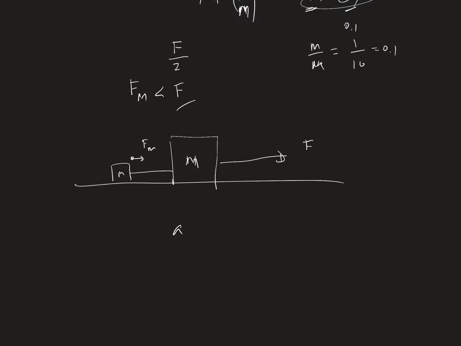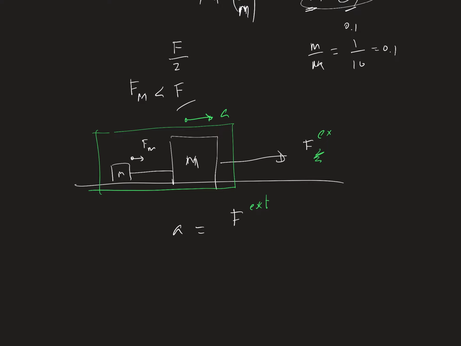The acceleration will be the total force divided by the mass. So I will study this system of two bodies, where this is the only external force. The force produces acceleration, so this is the acceleration of the two objects, capital M and little m, moving together.